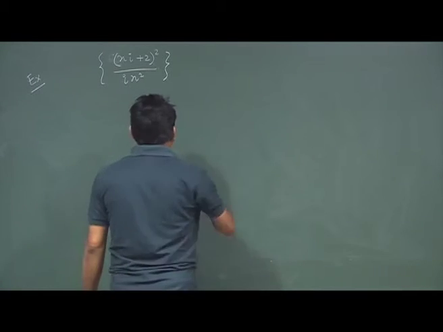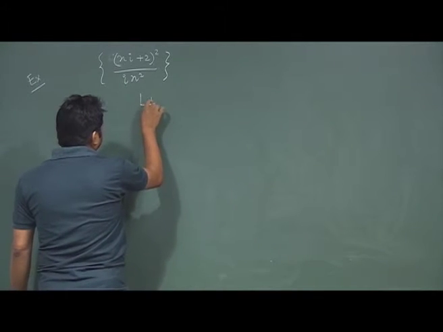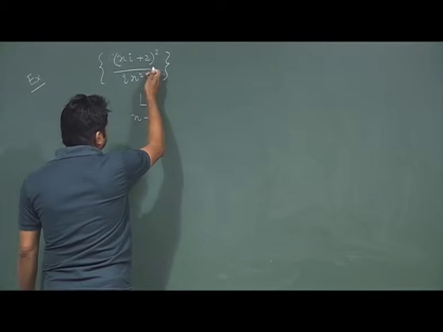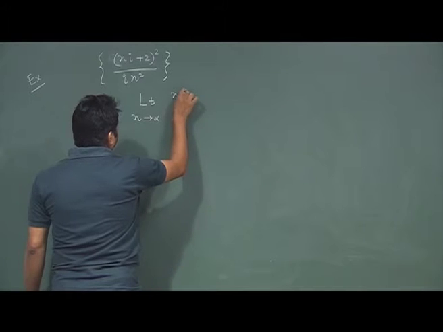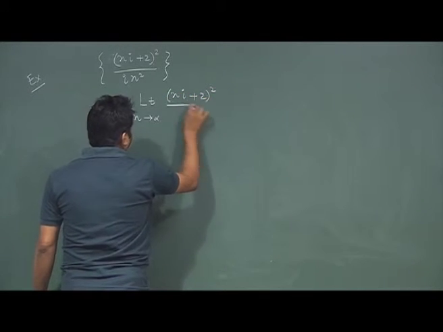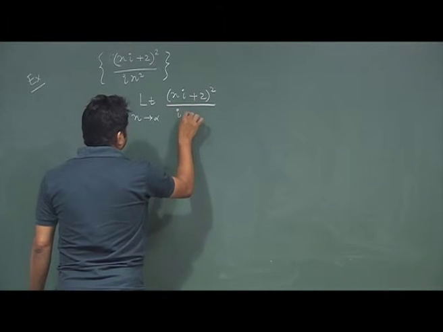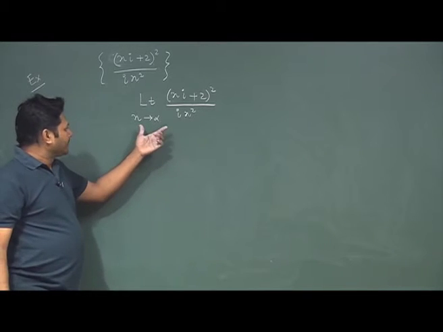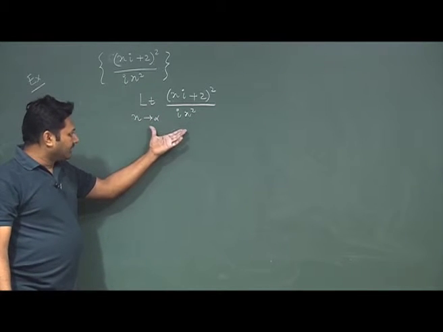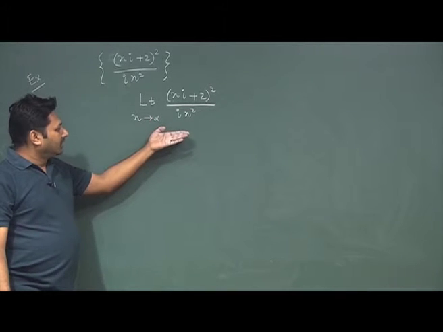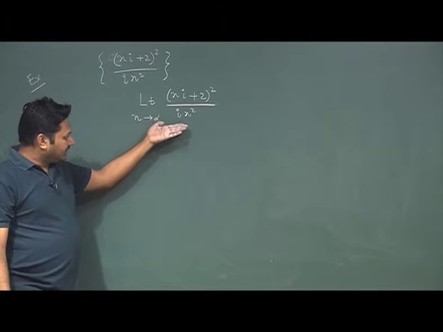So, that means I need to find out this quantity, limit n tends to infinity of (ni + 2) whole square divided by i n square. If I evaluate this limit, and if this limit gives me some value other than infinity, then I can say that this is converging.